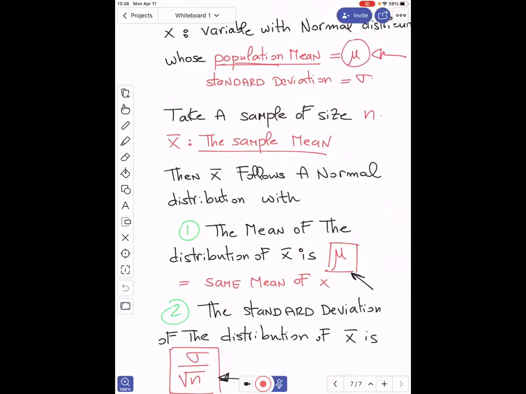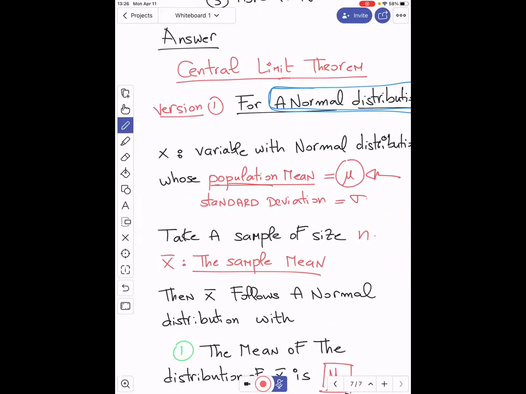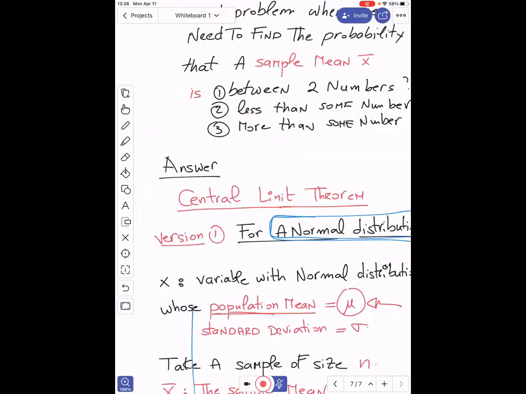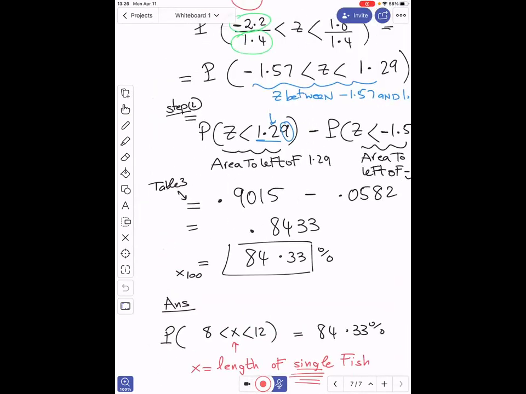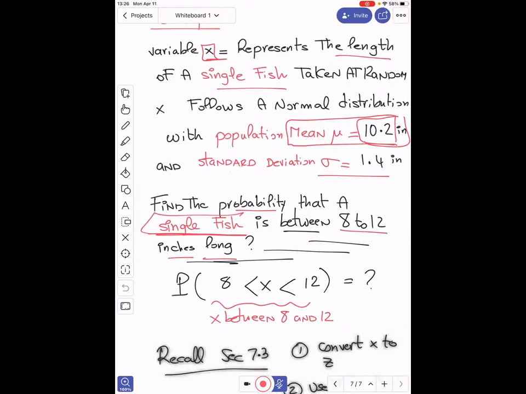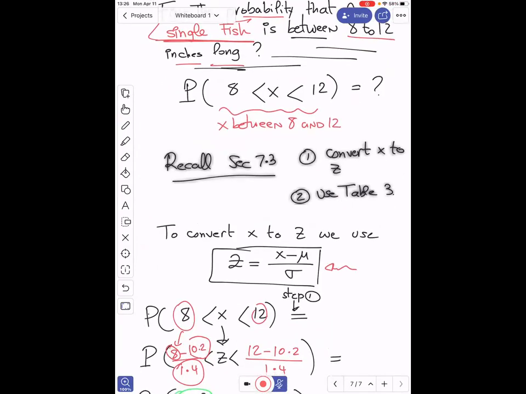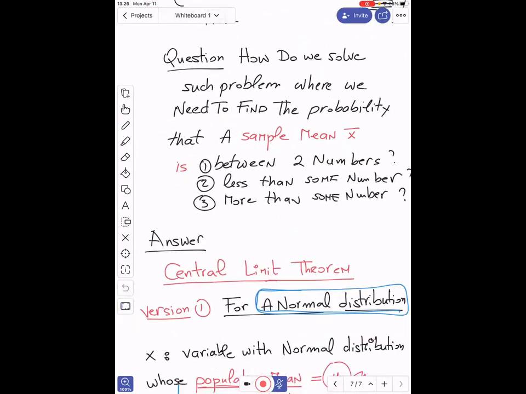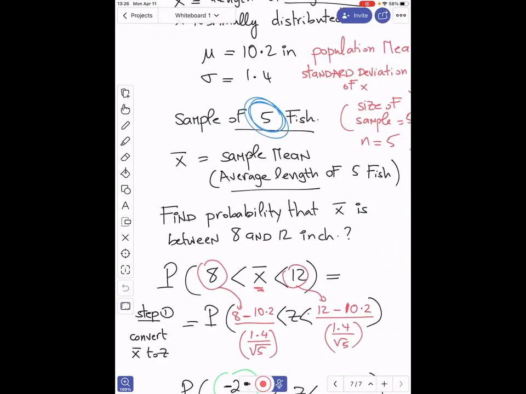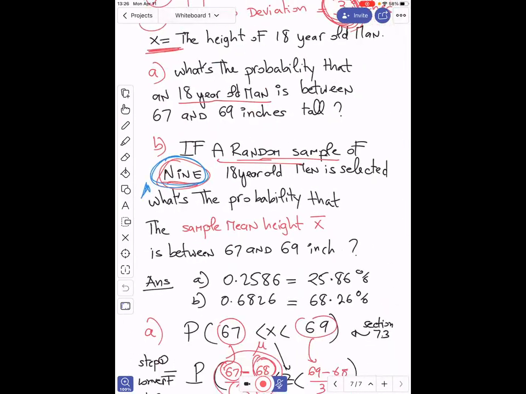Right here at the top, X follows the normal distribution. So even if we take a sample of 5 fish, that's not a problem. We can always convert our X bar to Z. But with this second version of the theorem, all we are saying is, if your X is not following a normal distribution, then we need a sample of size more than 30.